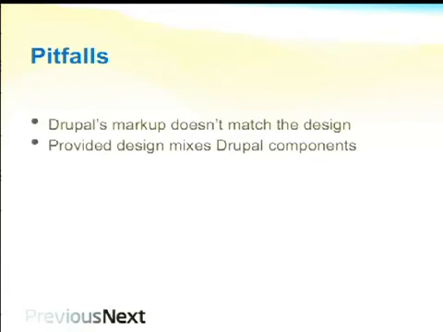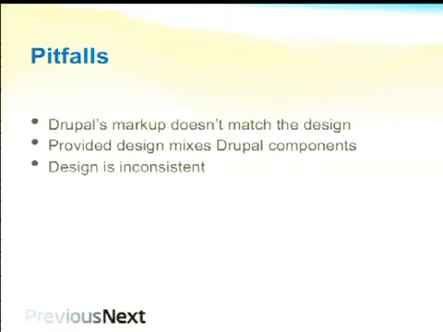Another issue you get, and this is harder to solve, is that the provided design mixes Drupal components. A really good example might be a menu that contains a text resize, link to the user's homepage, and a skip to content. Now, you can't do that in Drupal at the moment without writing it yourself. But it's not necessarily an incorrect way of doing it, it's just that Drupal doesn't support it very well.